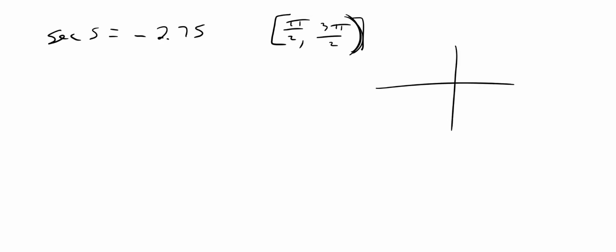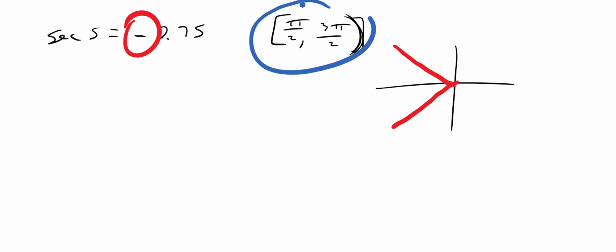The first restriction is the sign. It's this negative, and secant goes with cosine, and cosine is negative in this quadrant and this quadrant. Then our next restriction is between pi over 2 and 3 pi over 2, which is between these 2 quadrants. So it matches up for both of them. So we actually have 2 answers for this problem.